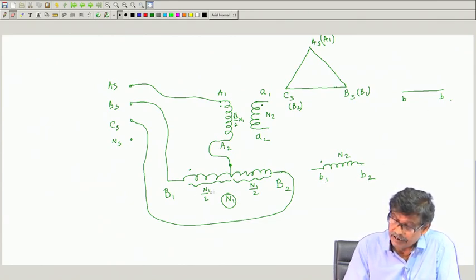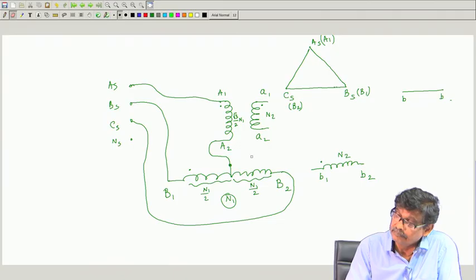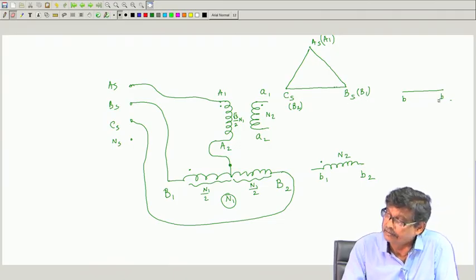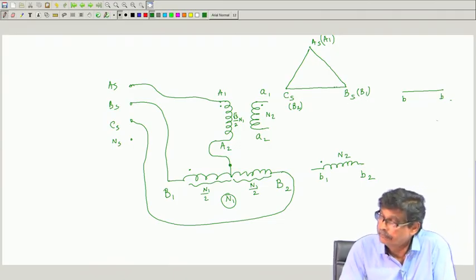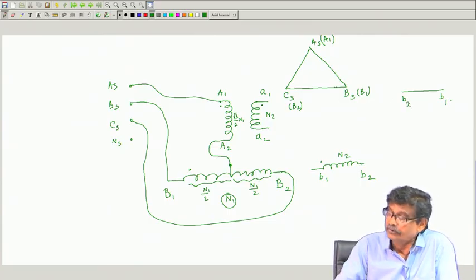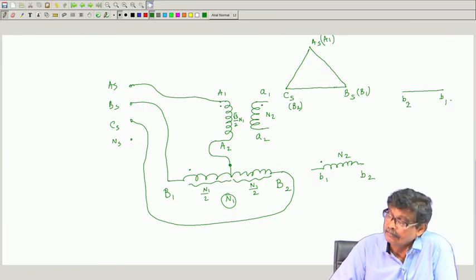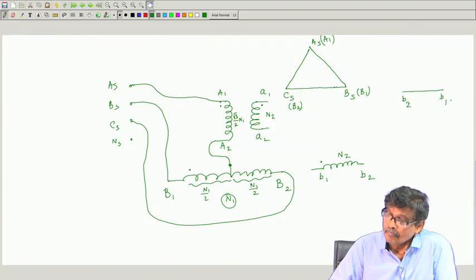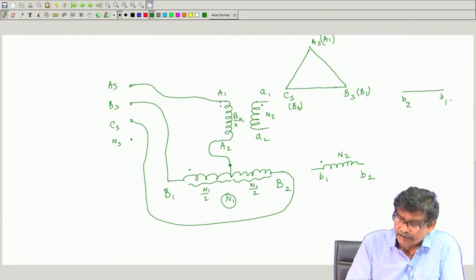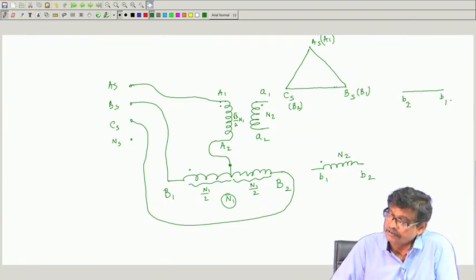So, I should name it accordingly. B1 is here, so it must be B1 and B2. Now, it is correct. So, this is the available voltage. If there is any mistake, please point out. This is the thing, like the several times we have done in the case of three phase.